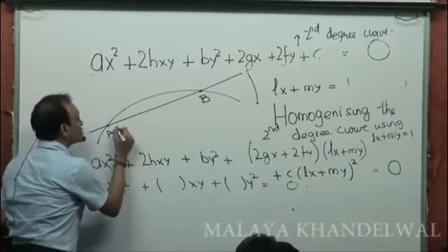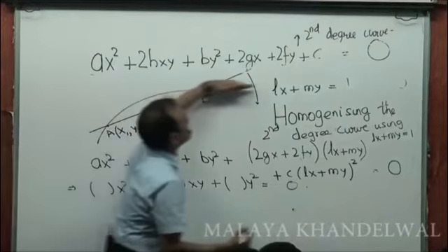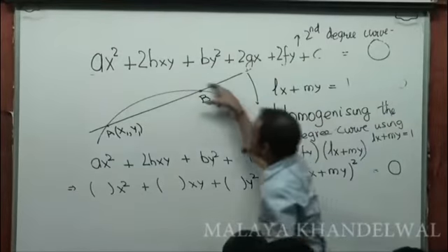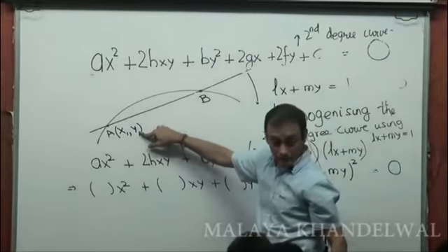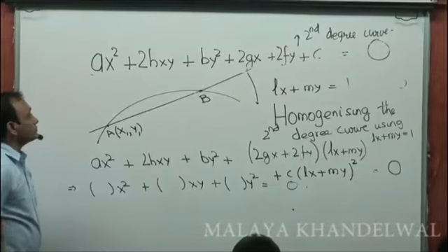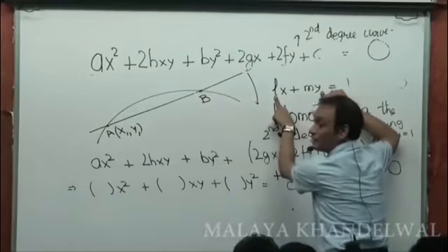Now, suppose A has coordinates x1, y1. This line, Lx plus my equal to 1, intersects this second degree curve at A and B, where A is say x1, y1. x1, y1 will satisfy this equation because it's a point on the line.